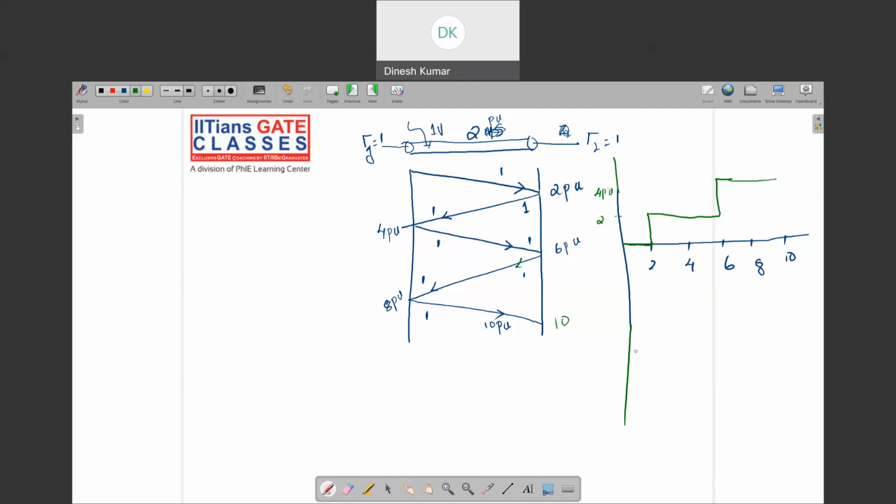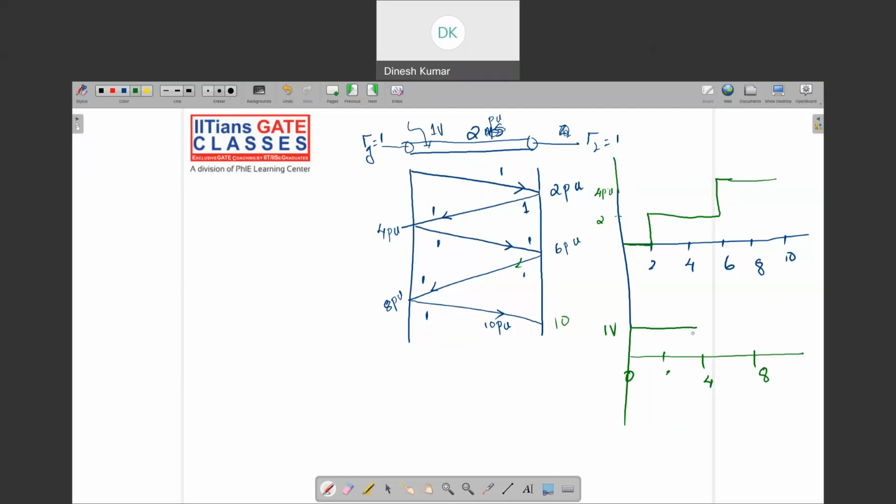Now we can check what is the voltage at this particular point. Similarly, okay. At t equal to 0, we are getting 1 per unit, right? It will stay up to 4 per unit. Then 8 per unit. So it will stay up to 4 per unit. Right. So at 4 per unit, what is happening is this 1 volt is already there, plus 2 volt is coming.